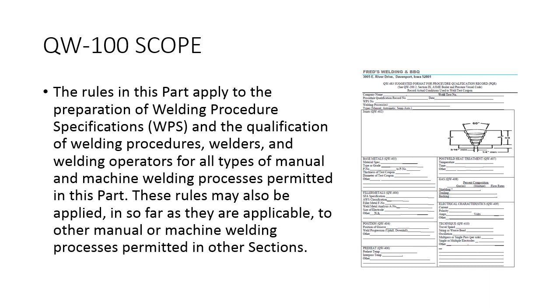These rules may also be applied insofar as they are applicable to other manual or machine welding processes permitted in other sections. So basically this is saying we're dealing with welding. We're not dealing with brazing, we're not dealing with plastics, we're dealing with welding. And this includes welding procedures, PQRs, and qualification of people. So it lays out here what the scope is.